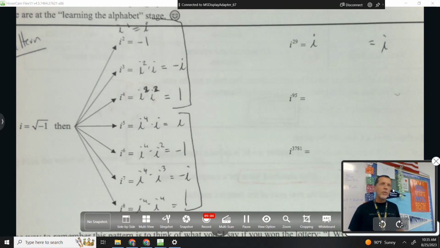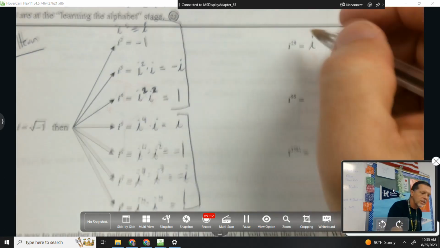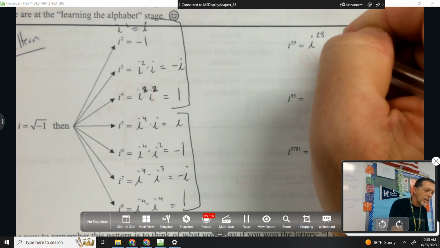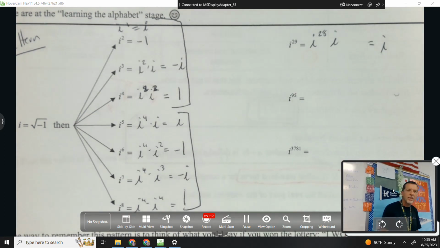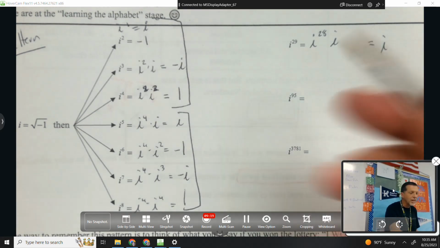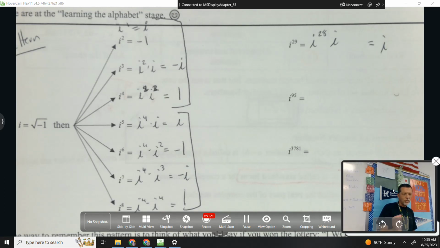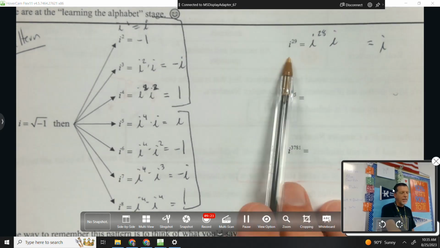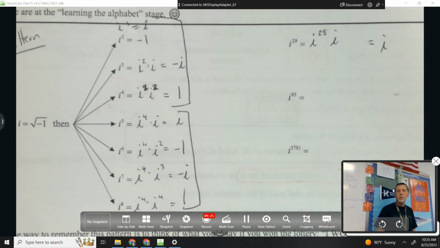If there was a multiple of 4 as a power, it'd make it a lot easier. So what's a number a little less than 29 that's also a multiple of 4? 28. So I would rewrite that as i to the 28th times i, because i to the 28th is 1, and that just resets my pattern. Rather than counting all the way up, I'm dealing with multiples of 4.